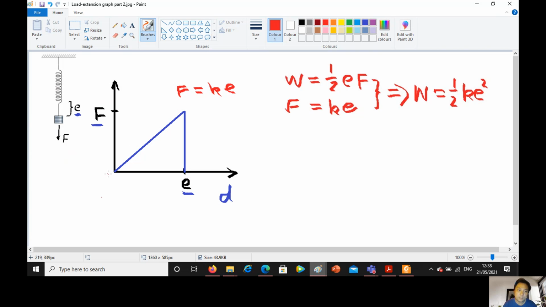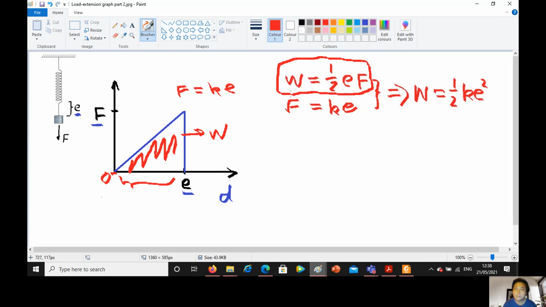When F is 0 and E is 0, that's the zero point. Then we can look at the area down here. The area is the work, and to calculate it we figure out the area of that triangular shape, and that's how we get this equation: W, the string energy, equals half E times F. Also we know Hooke's law, and put it down here.